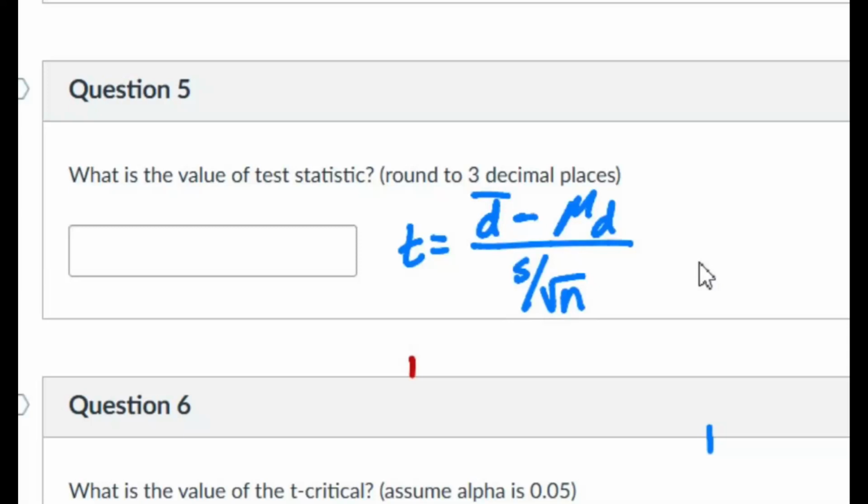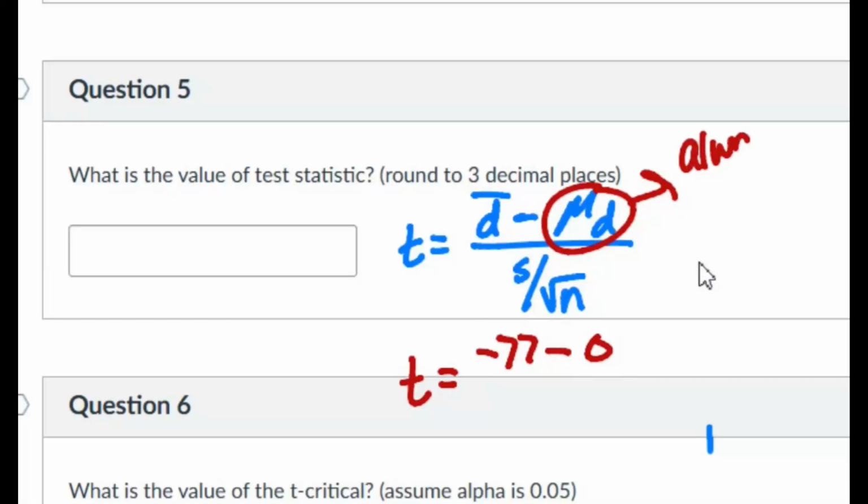The sample mean we found to be negative 77. The null, we wrote this in the notes, is always 0 for our purposes of a dependent t-test.